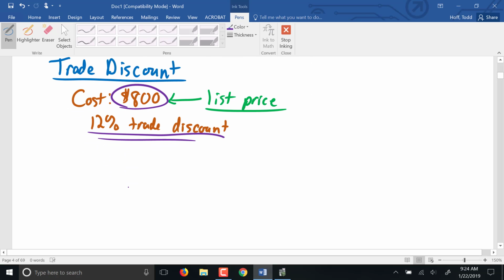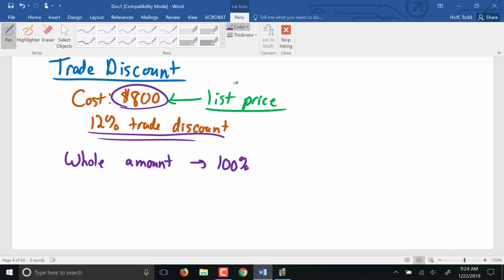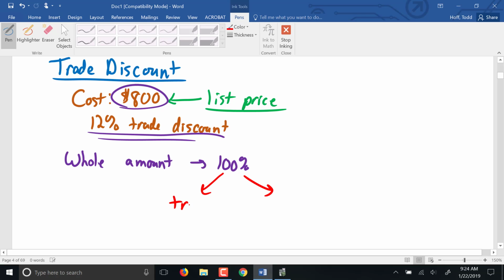Now, if you recall from your basic percents, the whole amount is 100%. When we're dealing with a situation like this, that whole amount gets split into two pieces. The trade discount and then the net price.